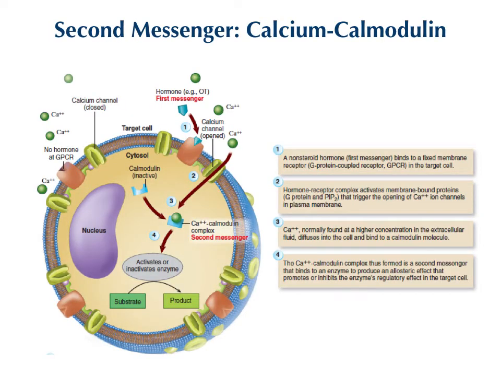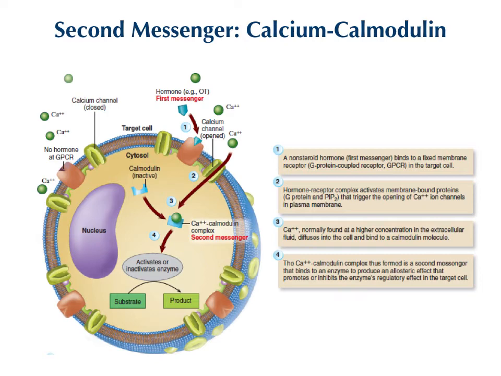Here is when you use the calcium calmodulin system as the second messenger. We start with the binding of a hormone to a fixed membrane receptor, the G protein coupled receptor, and this activates a chain of integral membrane proteins, the G protein and phosphatidyl inositol 4,5-bisphosphate, or PIP2, that will in turn trigger the opening of the calcium channels in the plasma membrane.